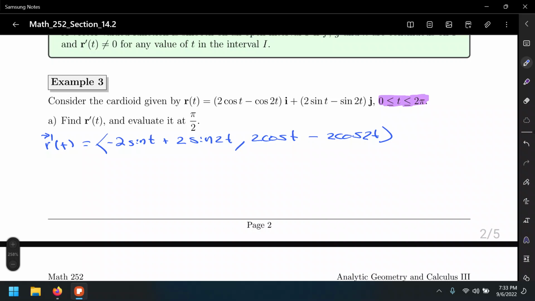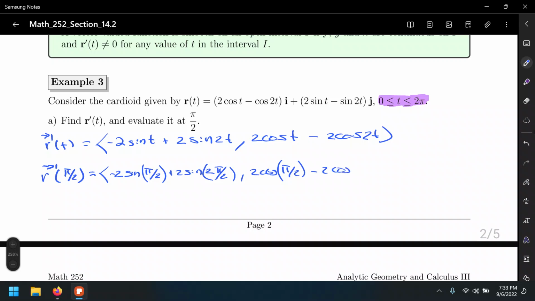So that's the derivative, and all we do is evaluate this at pi over 2. How do we do that? Well, just plug in the value of pi over 2 for each instance of t. So negative 2 sine pi over 2 plus 2 sine 2 pi over 2, comma, 2 cosine pi over 2 minus 2 cosine of 2 pi over 2.